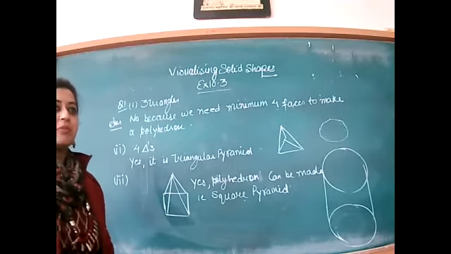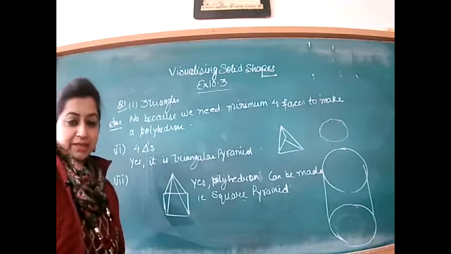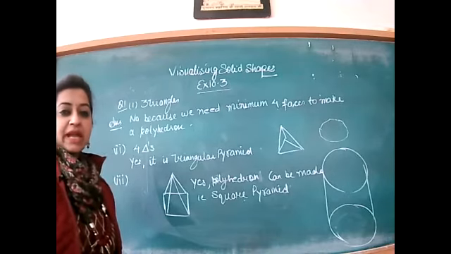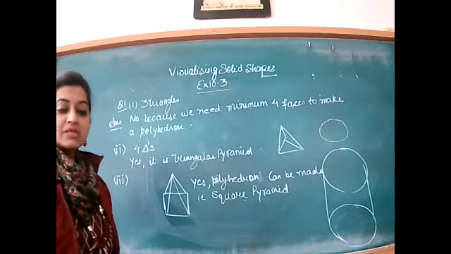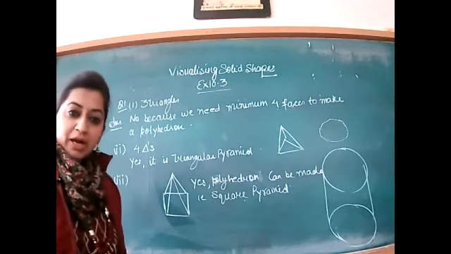If you increase the number of sides of a prism to some extent, then the prism will take the shape of a cylinder. The second part is also the same.